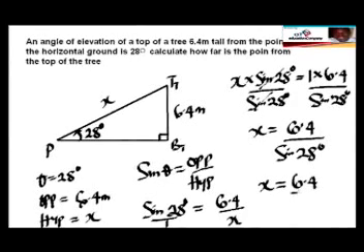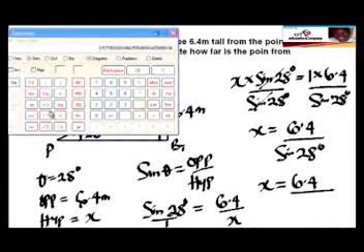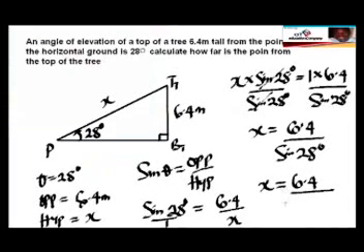Now we're just quickly going to look at that. X here will become 6.4 divided by sine 28. What is sine 28? That will be 0.4695. So we have 6.4 over 0.4695.